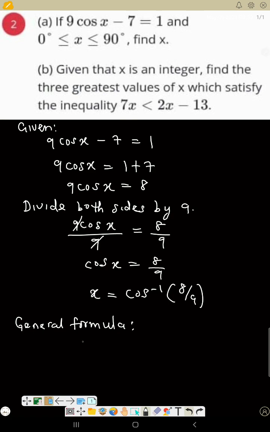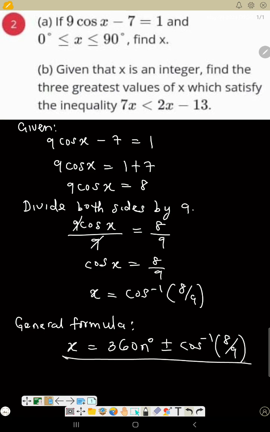So now for cos, the general formula for x will be x is equals to 360n degree plus or minus arc cos 8 over 9. I have also proved this, how we got this. So now what does it mean?